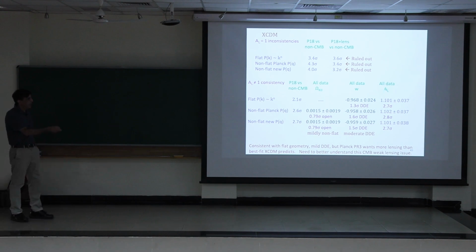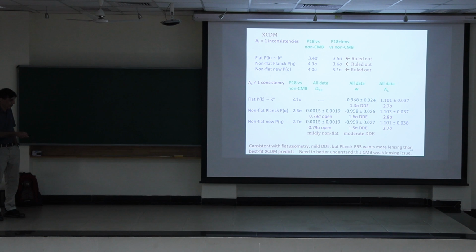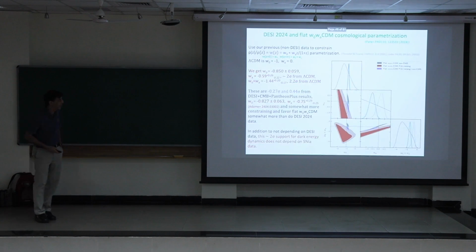But again, it wants more gravitational lensing than you find in the best fit models. So that lensing thing comes back. But the important thing is that XCDM Planck data favors phantom-like dark energy, while non-CMB data favors quintessence-like dark energy.